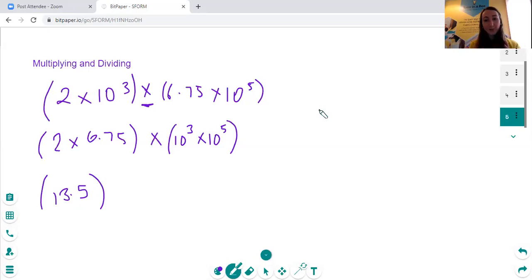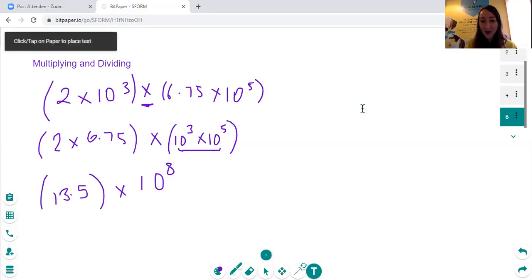So then 12 plus the 1.5 gives you 13.5. And then we've got our times 10. And remember indices here, if we have powers that are the same base, our laws of indices say we can add the powers together. So that becomes 8.